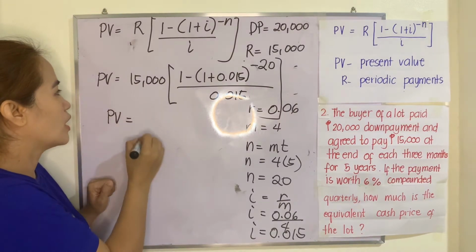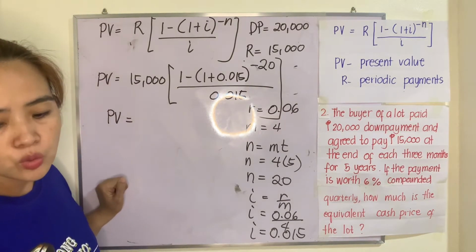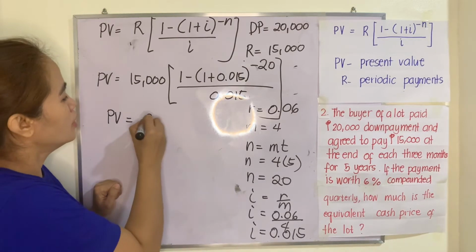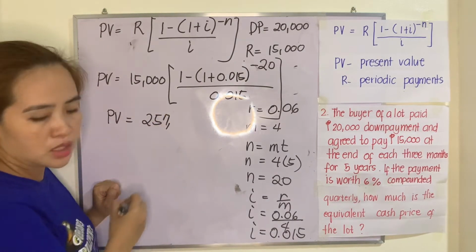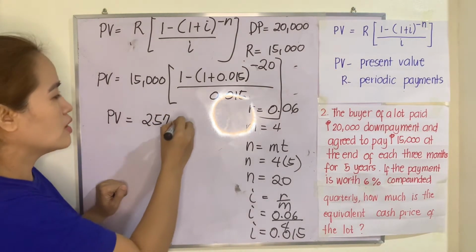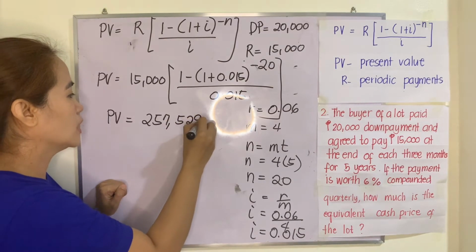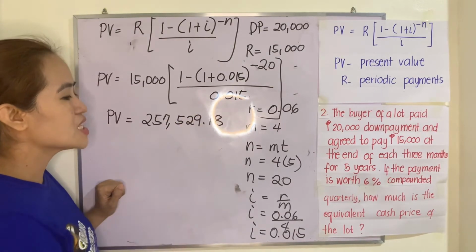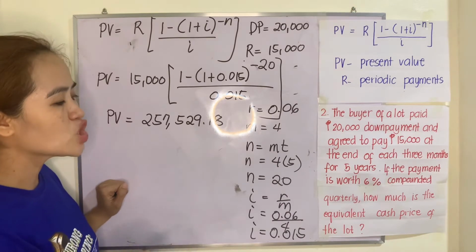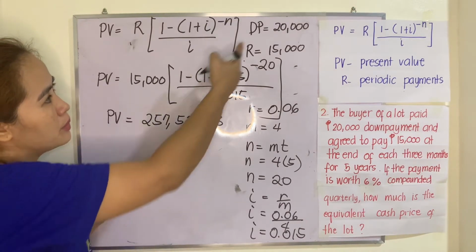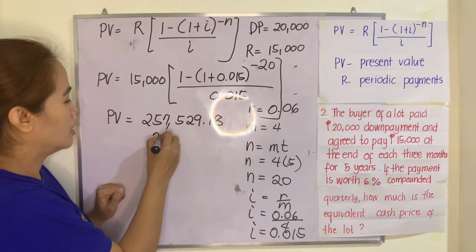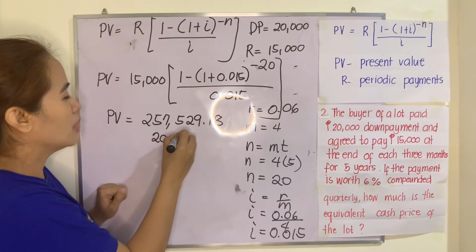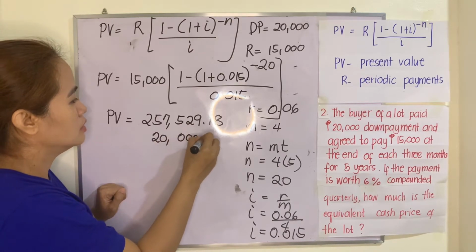The present value is 257,529.18. So what is now the total cash price of the lot? We will be adding the down payment, which is 20,000.